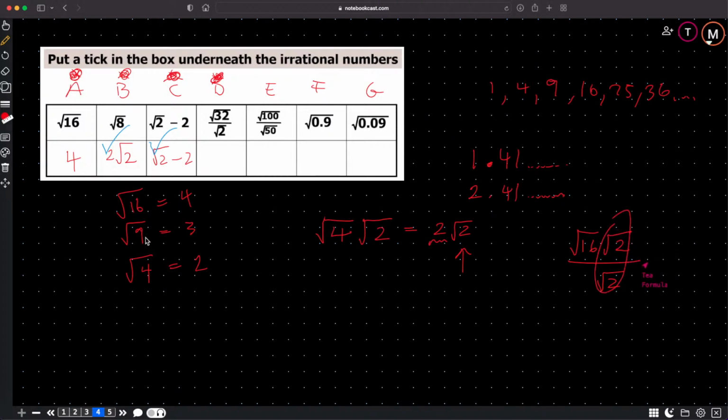Oh, lovely. Those two root 2's cancel, and then we have root 16, and root 16 is 4. Oh, there's a shocker. So in fact, that is rational. Tricky one. It didn't look like it, but if we've got the skills of simplifying surds, sometimes it can surprise you. All right, what about E?